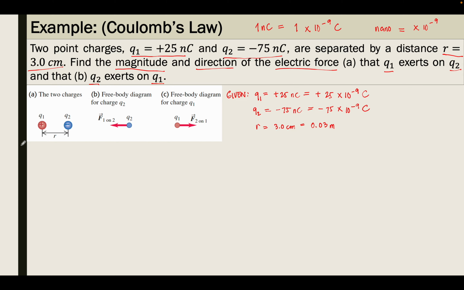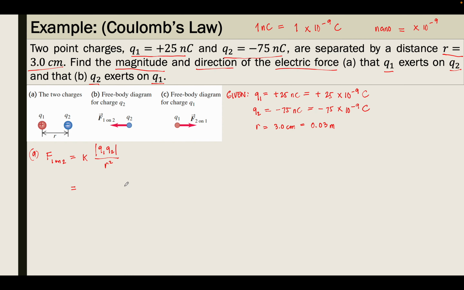Okay, so let's proceed to letter A. So letter A is we will solve for the force that Q1 exerts on Q2. So using the Coulomb's law formula, we have K times the absolute value of Q1 times Q2 divided by R squared. Okay, so here we have our K again.